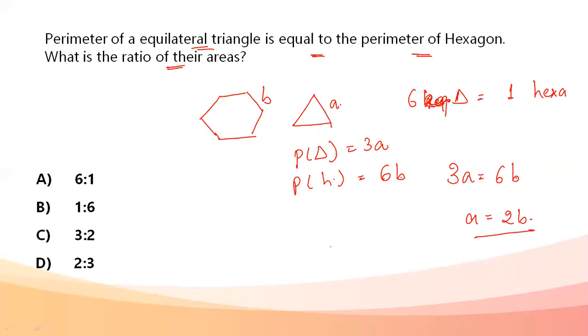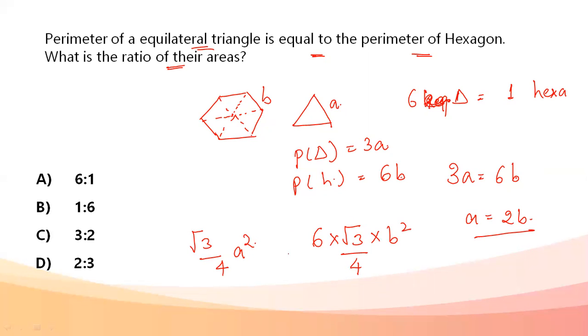Now the area of the equilateral triangle. I know it is root 3 by 4 A square. Area of the hexagon: we know if I put together six equilateral triangles, I can form one hexagon. So I can always write it in this format only: 6 into root 3 by 4, and the side here of the hexagon is B, which is also going to be the side of the equilateral triangle. So this becomes 6 into root 3 by 4 into B square.